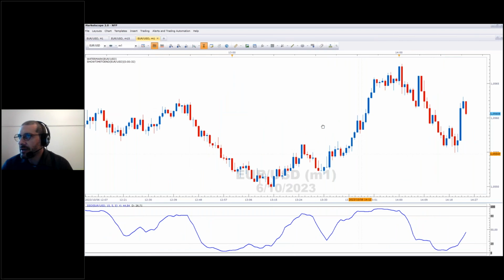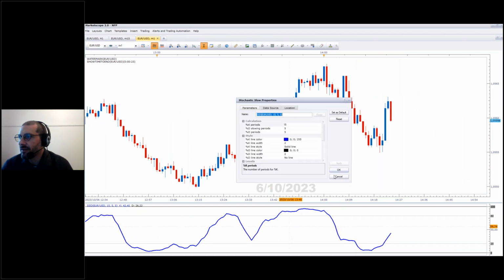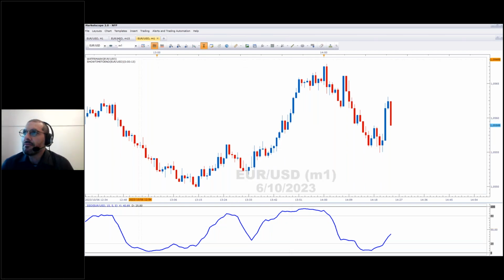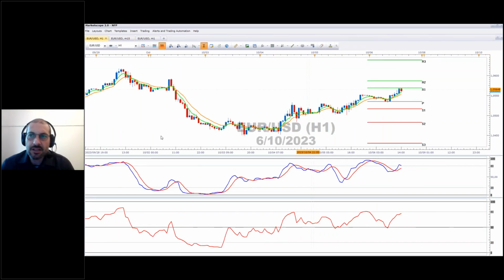It's just a candlestick chart, and then we've got a stochastic underneath that. The stochastic is just our standard 15.5.5. It's actually a 15.5, we don't have the percent D in. And we've also got a 15-minute and a 1 hour, which we may consult as well.